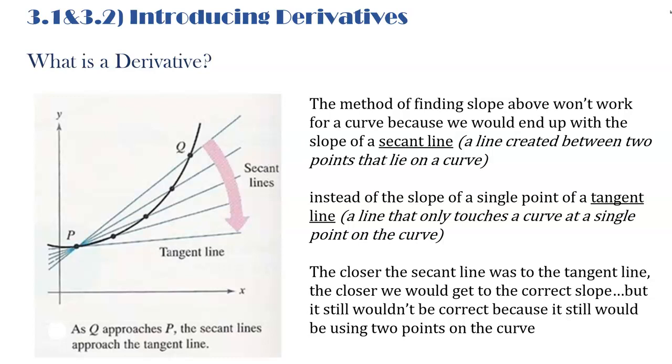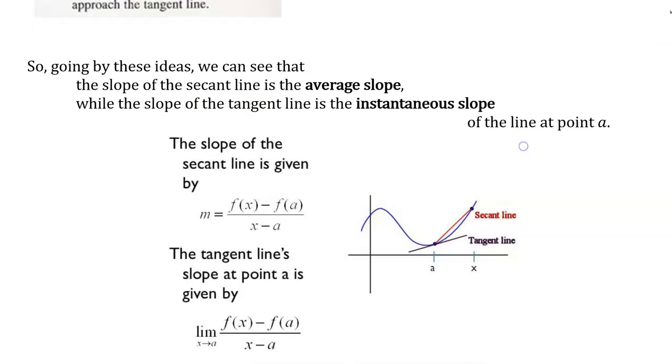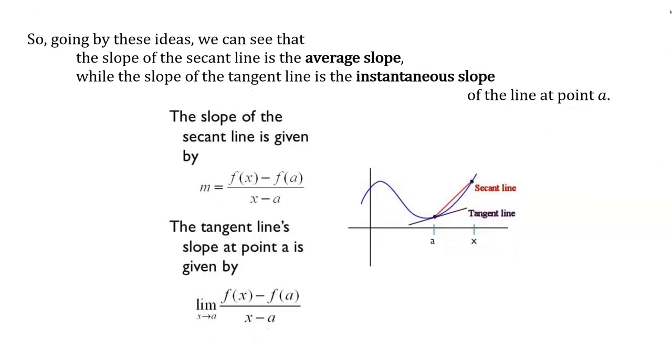So in sections 2.1 and 2.2 we discussed that the slope of the secant line is given by f of x minus f of a over x minus a, which is the average slope.